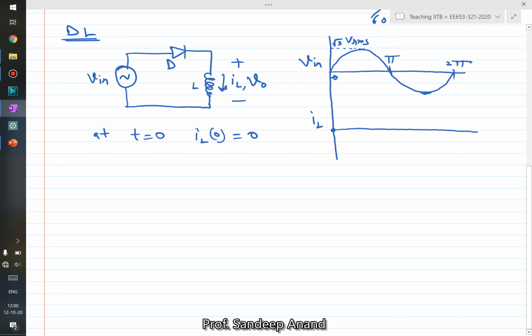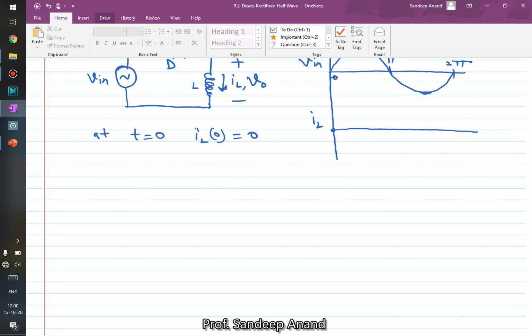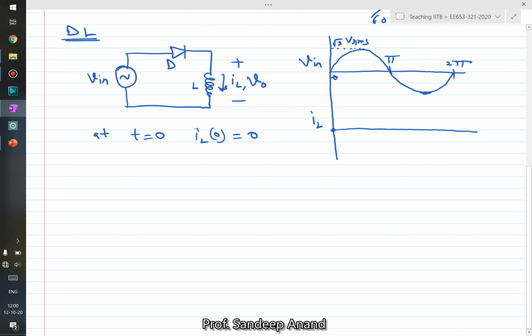Now at t equal to 0 plus, your input voltage has become more positive and your inductor current is still zero. So if you write the KVL equation, the voltage drop across the inductor is still almost negligible, and the input voltage has become positive.